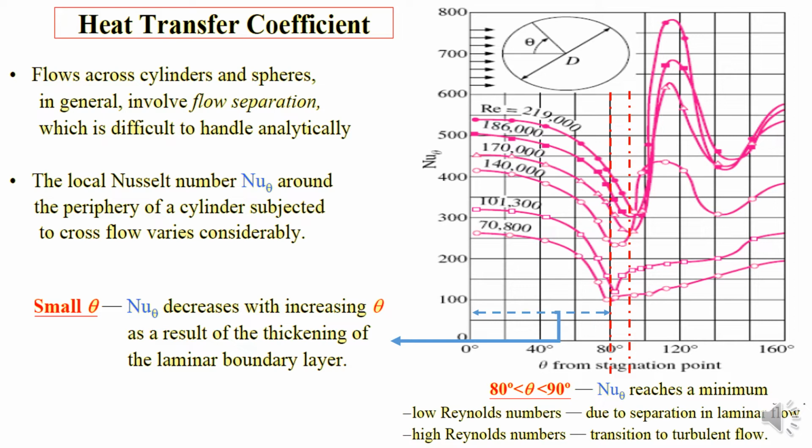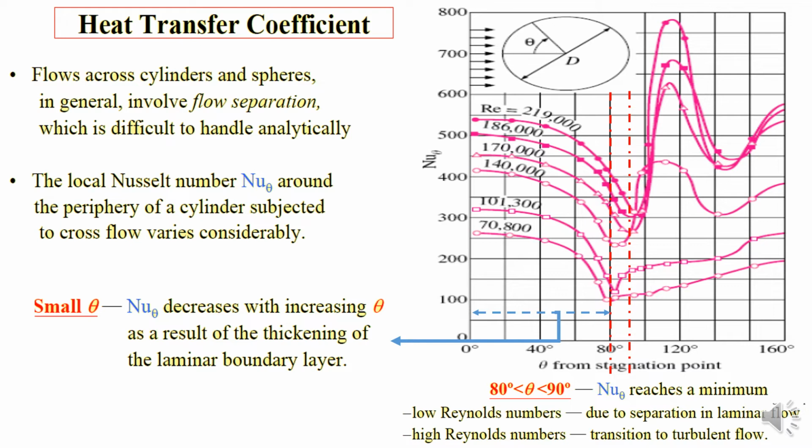For small theta, the Nusselt number decreases with increasing theta as a result of the thickening of the laminar boundary layer. Within the range of 0 to 80 degrees of theta, you can see that across the Reynolds numbers, it starts from a high value and keeps decreasing until it reaches a minimum value within the range of 80 to 90 degrees of theta from the stagnation point.